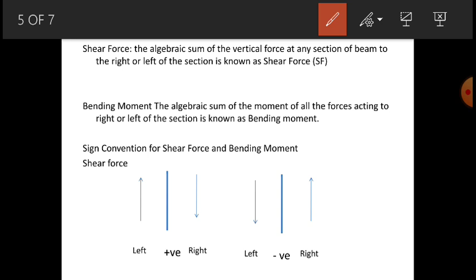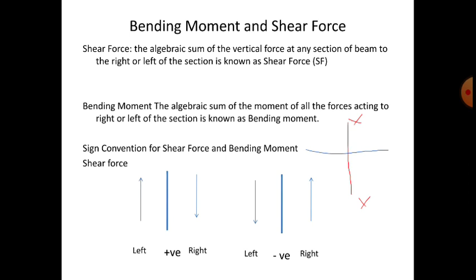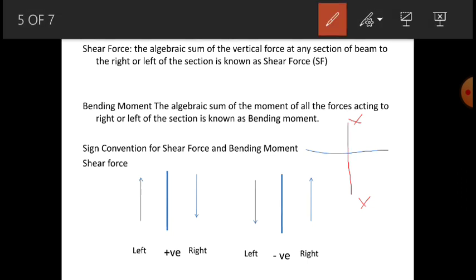Sign conventions for the shear force. In the shear force, the upward force, when the force is applied upwards to the left of the section. If this is your beam, and you draw a section like this, XX, and the force applied is upwards to the left of the section, then that force is called a positive force.